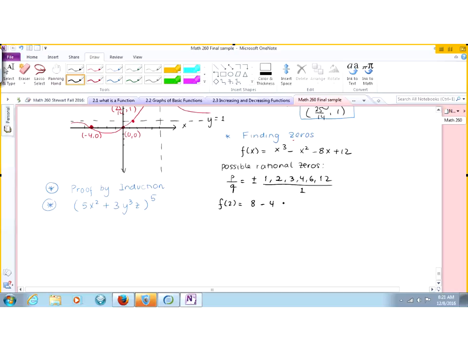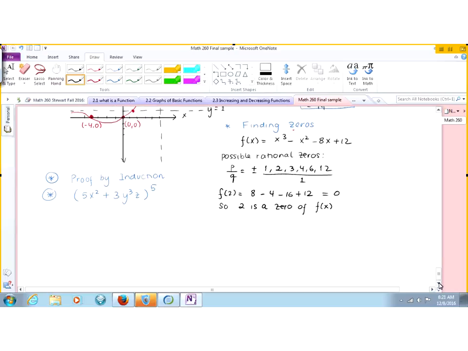So f of 2 is 8 minus 4 minus 16 plus 12. Is it? Oh yeah, it is, right? Yes, equal to 0. So 2 is a zero of f of x.